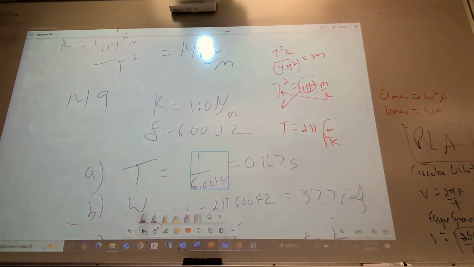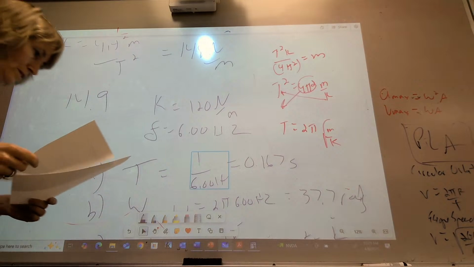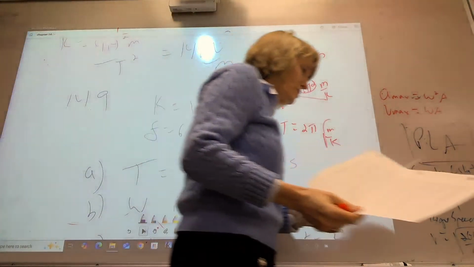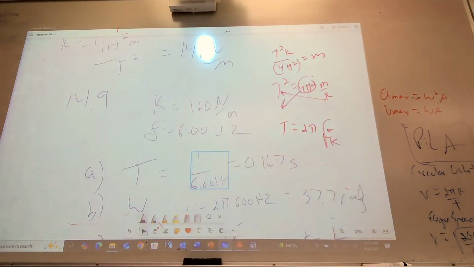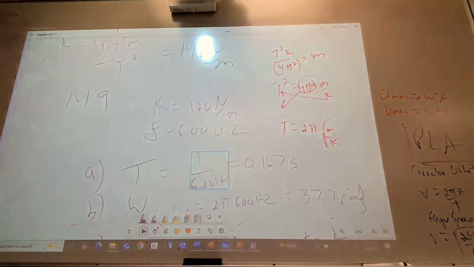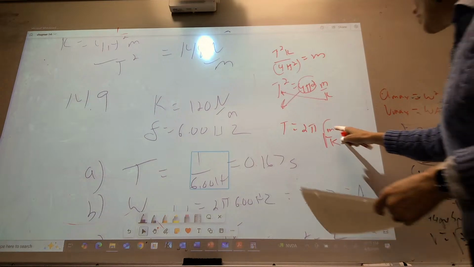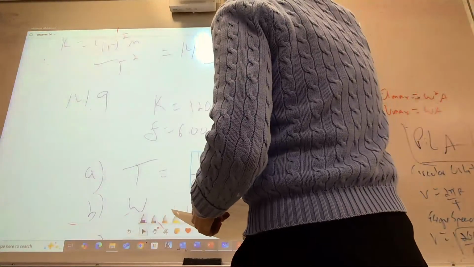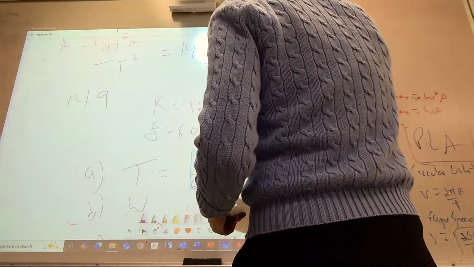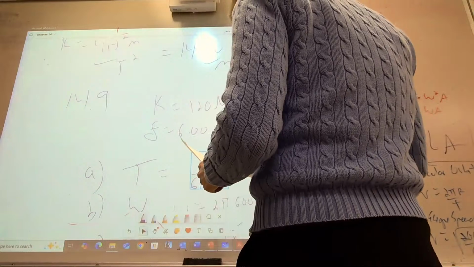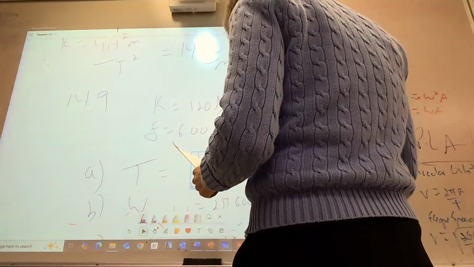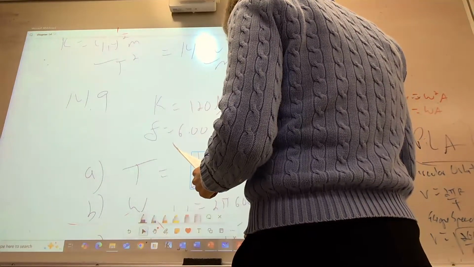You should get a number... So we isolate m in this equation, so we get period squared k over 4 pi squared. So does K stay in the final answer?